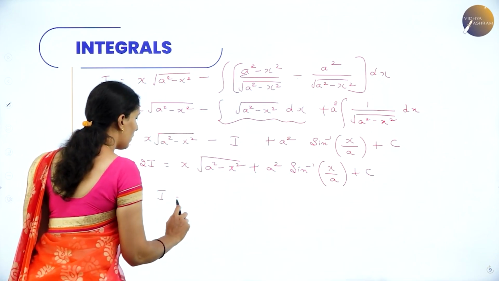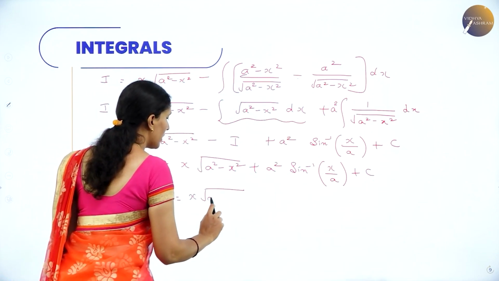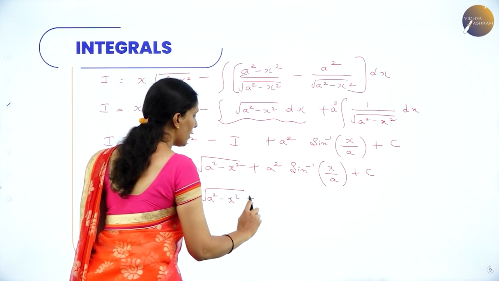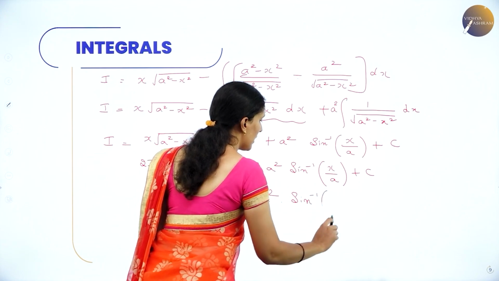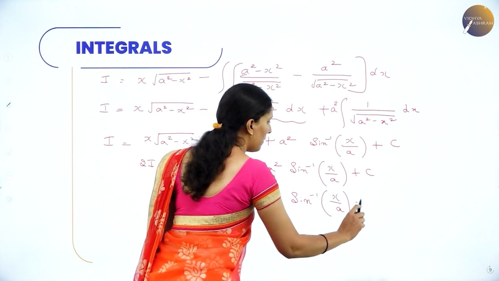So I is equal to x into root of a square minus x square plus a square into sine inverse x by a plus c.